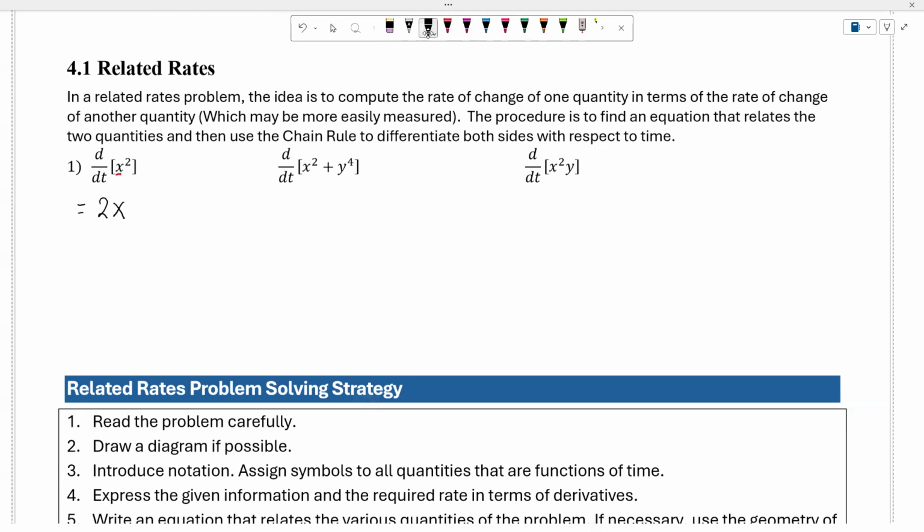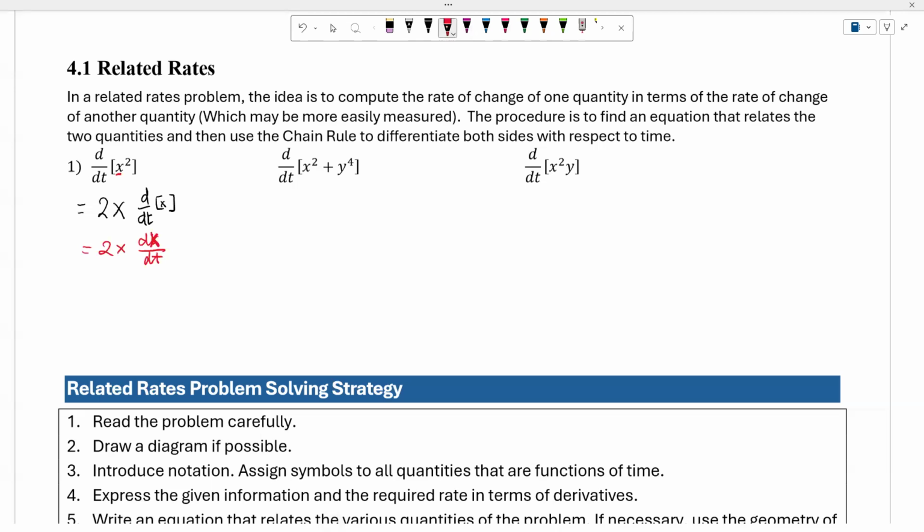So again, I need to take the derivative of x with respect to t. Therefore, the result is 2x dx/dt.